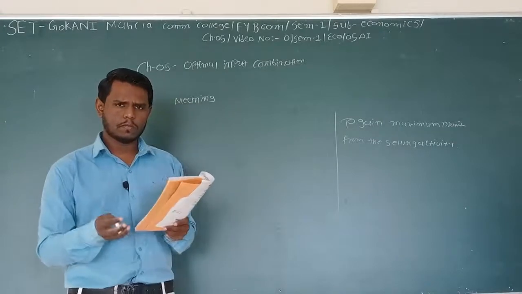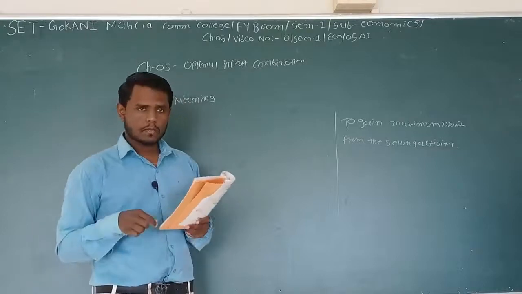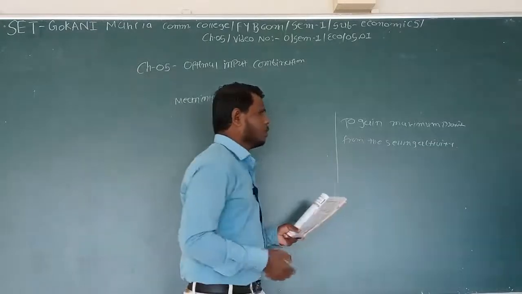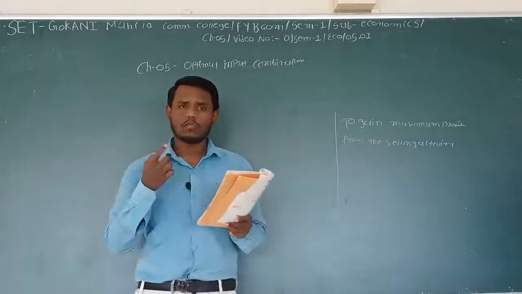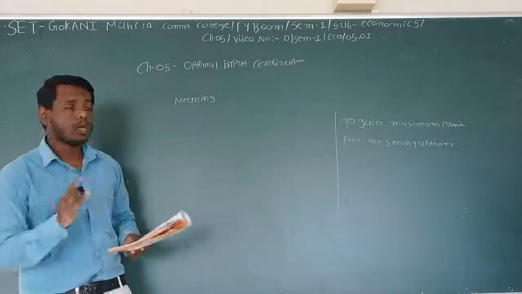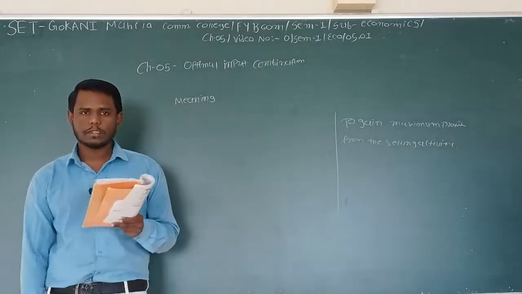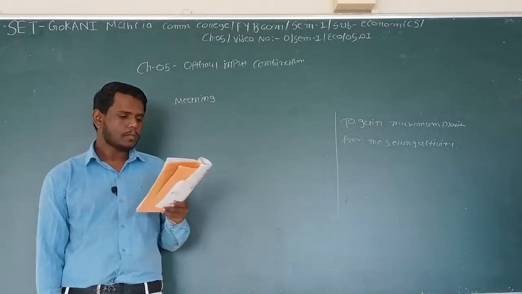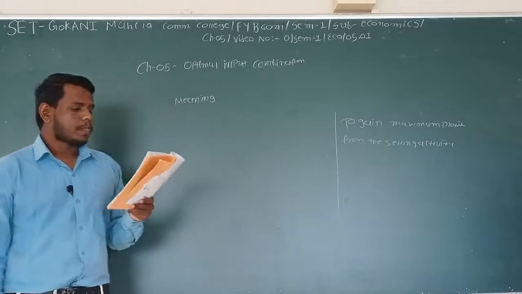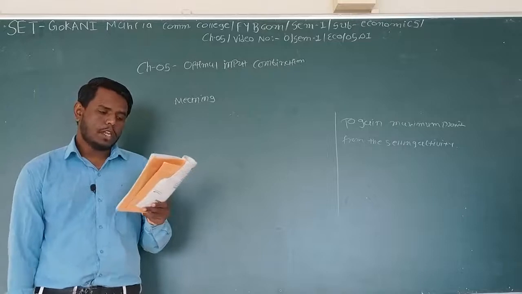There may be some firms which do not work only for profit, but most firms work to get maximum profit from the selling activities. This is known as optimal input combination.